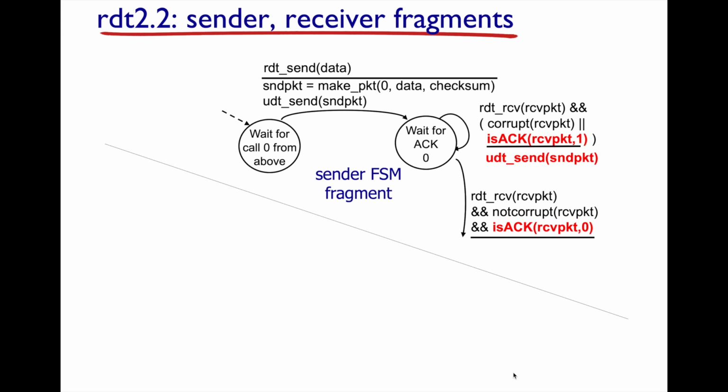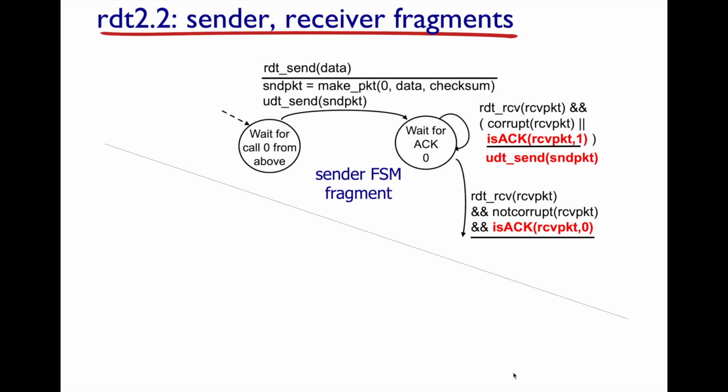So the sequence number 0 stamped packet is going to be resent. The other alternative is that you receive an acknowledgement for packet 1. If you got an acknowledgement for packet 1, then you say, the receiver must not have gotten packet 0, because I sent it 0 and it's giving me an ACK 1. It's ACKing the wrong thing.